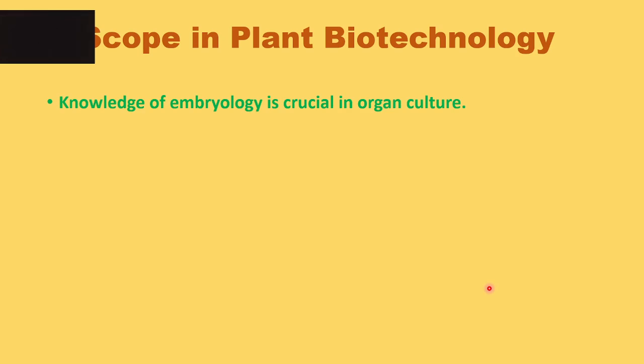It is very important in tissue culture practices, because when we undertake any organ culture, we may take a leaf, root, stem, or we can take pollen, or egg cells, for the synthesis of a new plant in tissue culture. That particular process is known as organ culture. So for this study we must have knowledge of embryology.